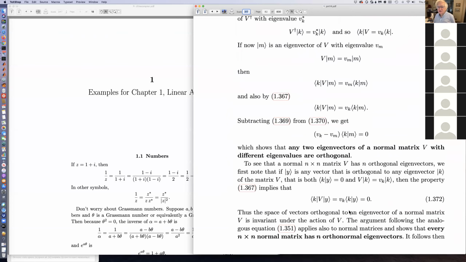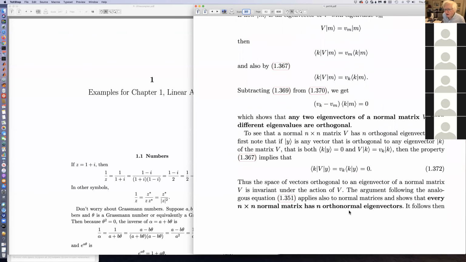And so that tells us very directly that any two eigenvectors of a normal matrix with different eigenvalues are orthogonal.